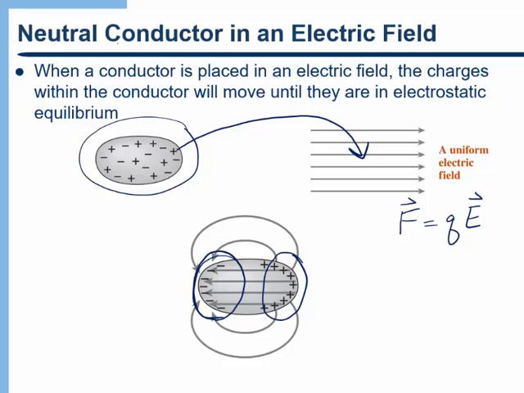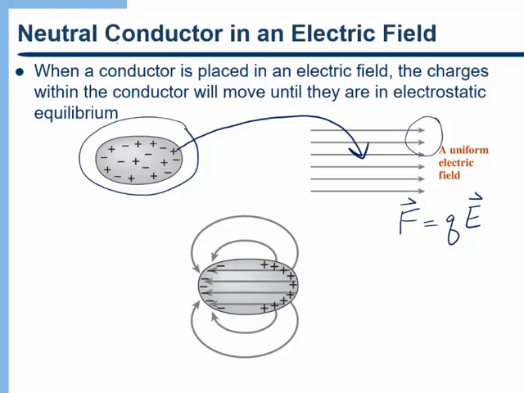Notice that that charge separation is going to result in a new electric field within the conductor that's opposite to the direction of the electric field that the conductor's been put in. So our negative charges are going to move over here, leaving us positive charges here, and that creates an electric field to the left.